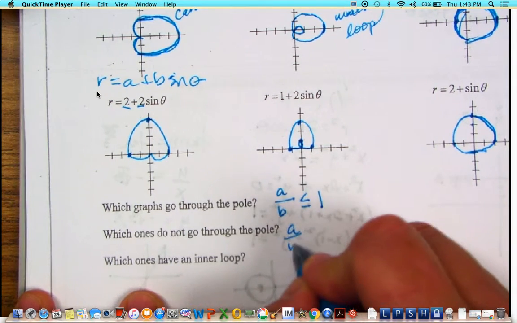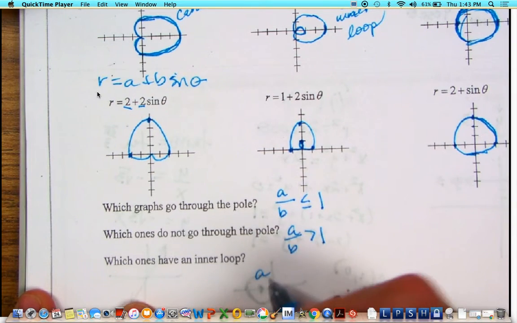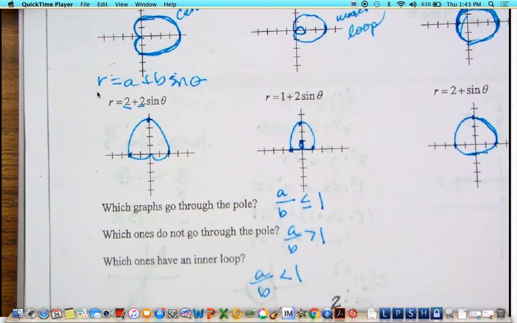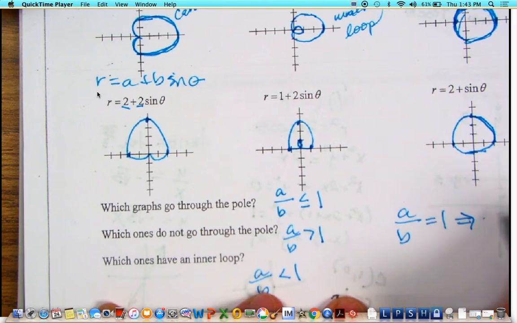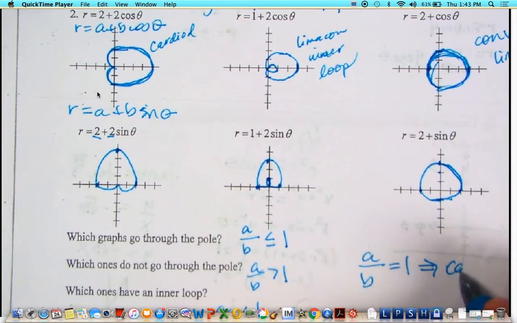If a over b is greater than 1, it doesn't go through the pole. And we have an inner loop when a over b is less than 1. If a over b equals 1, what do we have? We have a cardioid.